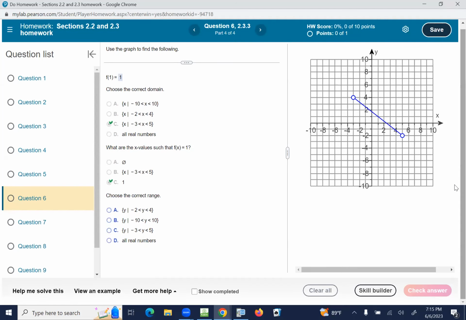Then finally, they're going to ask you the range. So the range will go from the smallest number on the bottom until you hit the top y value on the top of this. So look at the bottom point there. Go all the way left and tell me what that y value is.